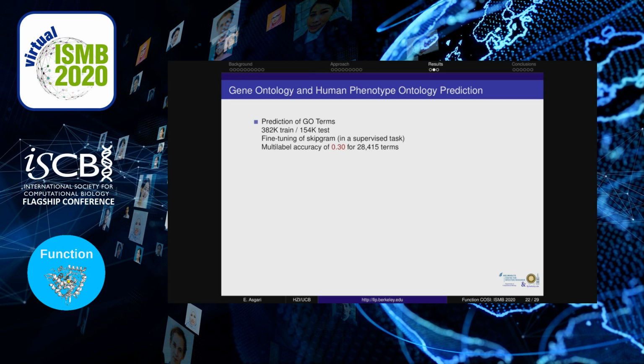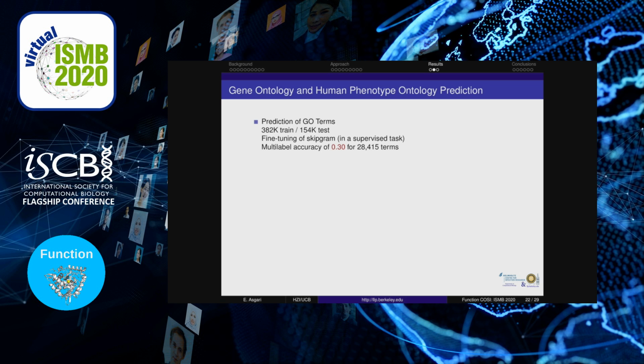For gene ontology and human phenotype prediction, for the purpose of evaluation, we use a multi-label accuracy metric that is defined as the average of the intersection between the predicted labels and the expected labels over the union. For the gene ontology prediction, we use 382K instances for training and 154K for testing. And as discussed, we fine-tune the pre-trained Skipgram embeddings for this supervised task of gene ontology prediction.